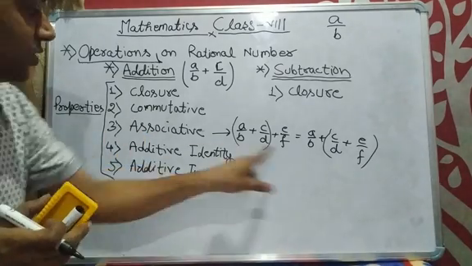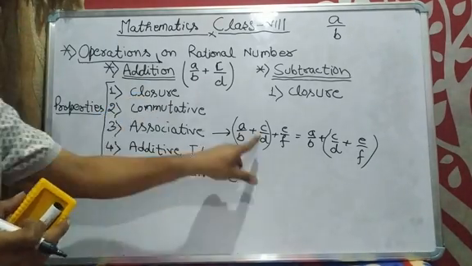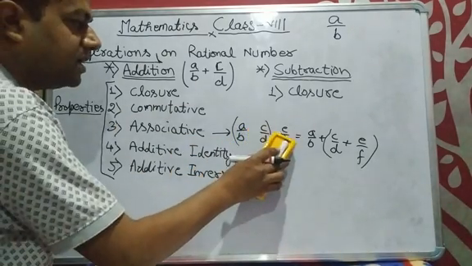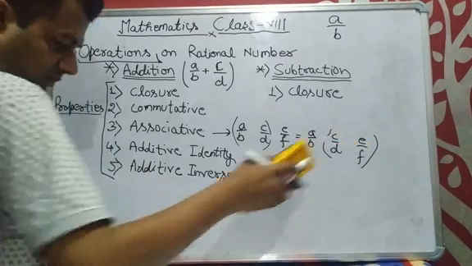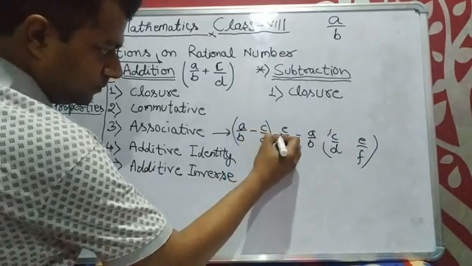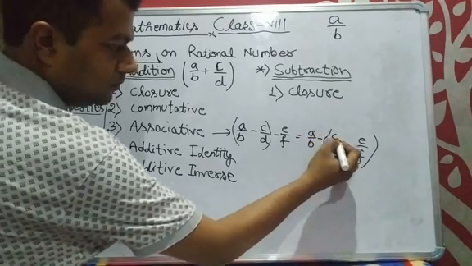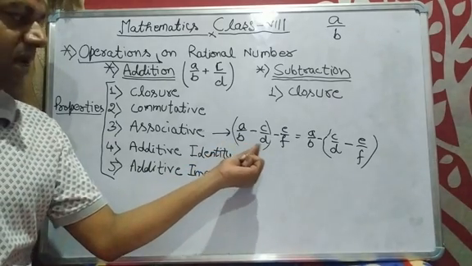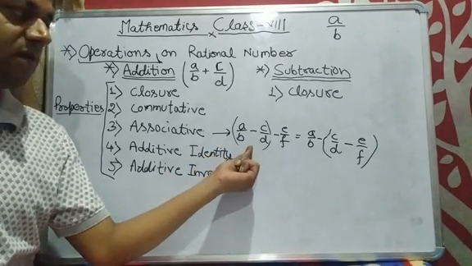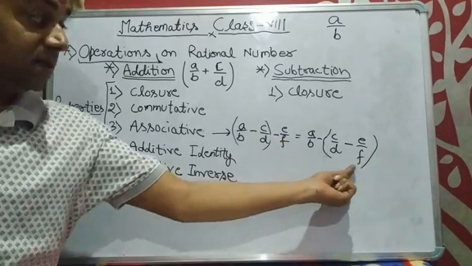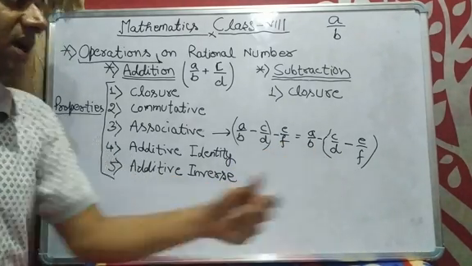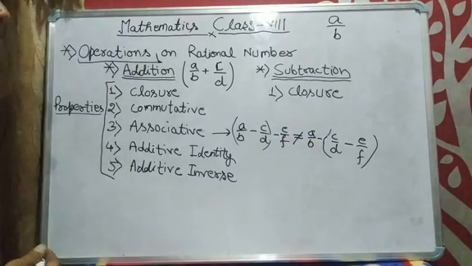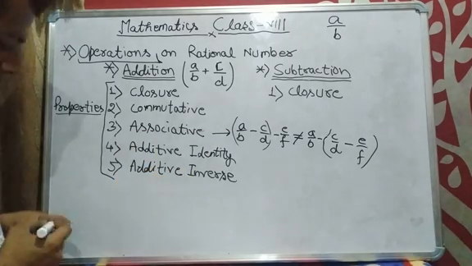That is associative for addition, but it is not associative for subtraction. If you see here, this minus this, then subtract this one, but here, this minus this, then subtract this one, the result will be different. It is not equal. So that's why it is also not associative.